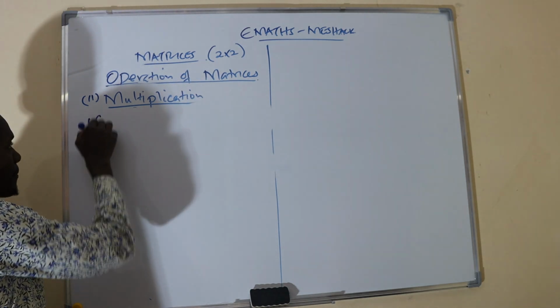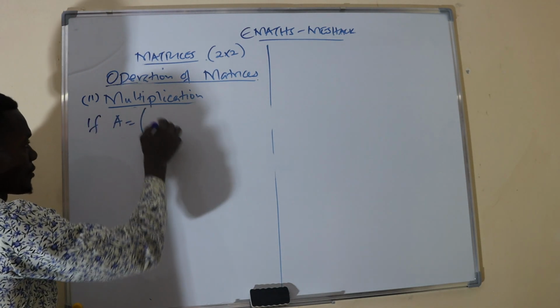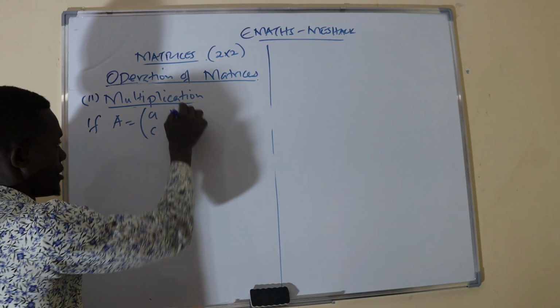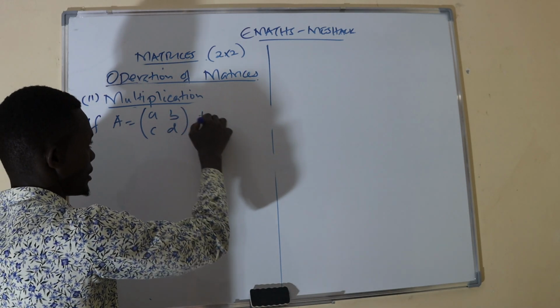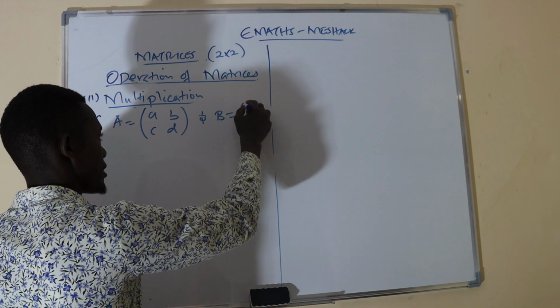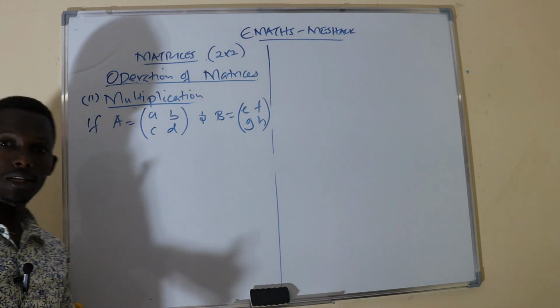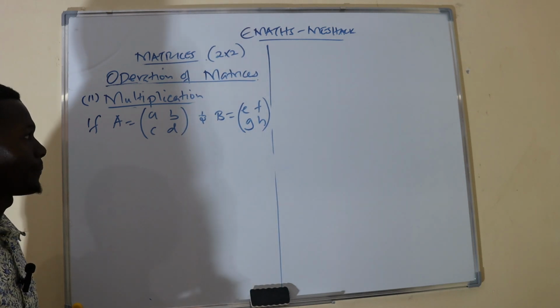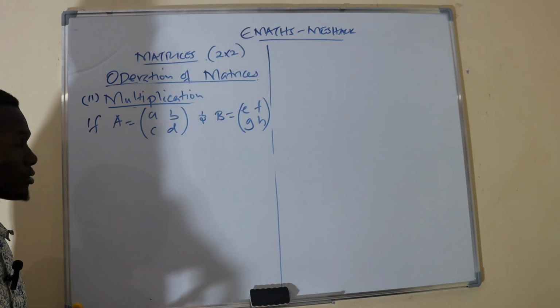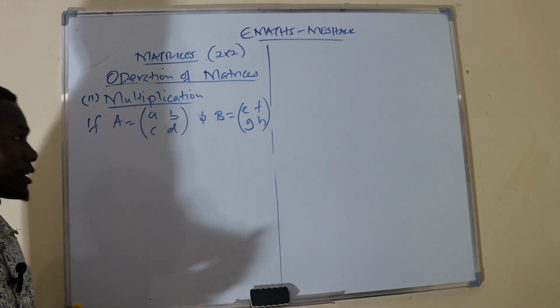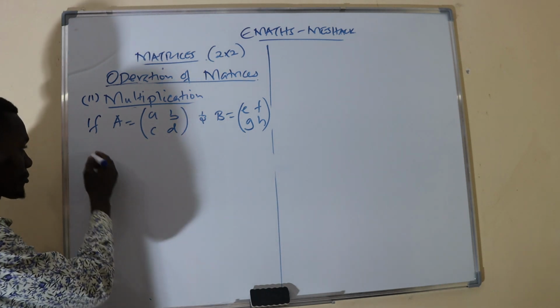So if a general matrix A is given by A, B, C, D, and B will be given by E, F, G, H. So remember, I'm just using general terms because the elements inside matrices vary.